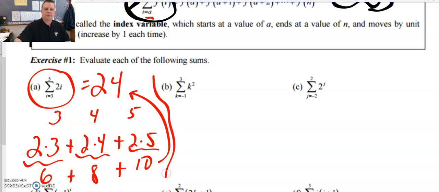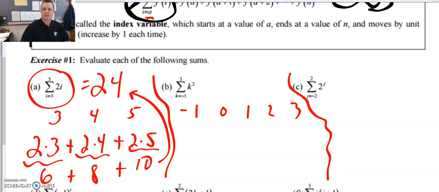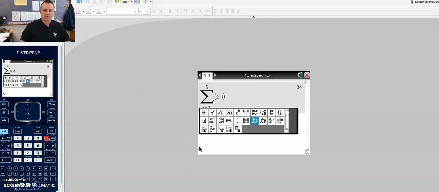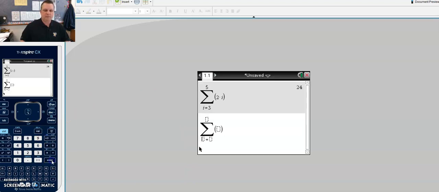When you get to the next one, it goes from -1, 0, 1, 2, 3, and it's k squared. Put it in your calculator. I'm not going to keep doing every one in the calculator unless it gets to a difficult one, then I'll show you.